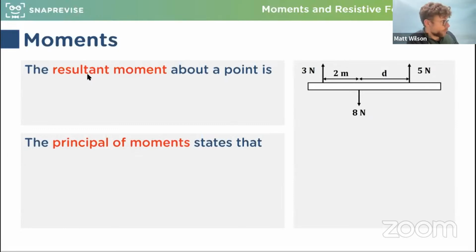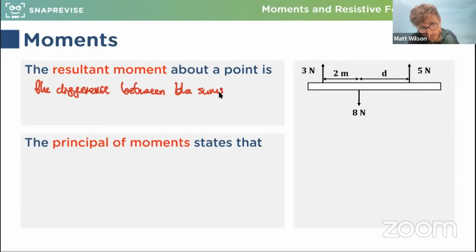The resultant moment around a point is the difference between the sums of clockwise and anti-clockwise moments.